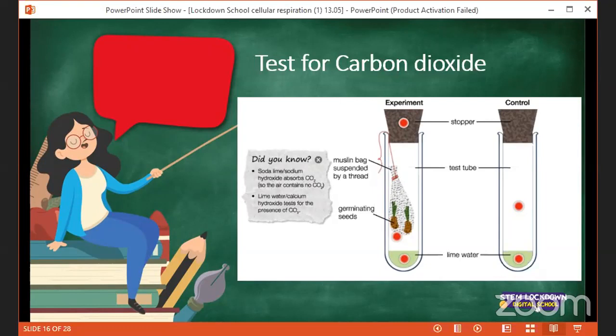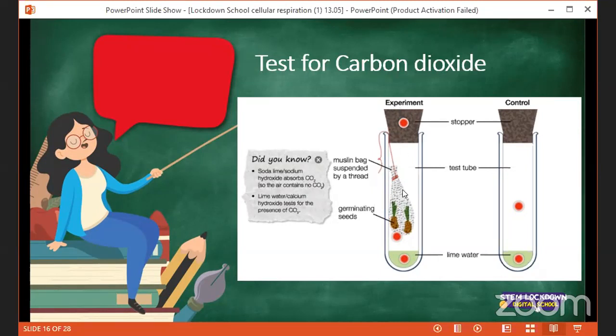Okay, so now this is how the setup of our experiment would look if we were to test for carbon dioxide. So we'd have two test tubes, okay? One test tube would be our experiment test tube, and it is the test tube on the left. And the other test tube would be our control test tube. So in the experiment test tube we have the stopper, okay?